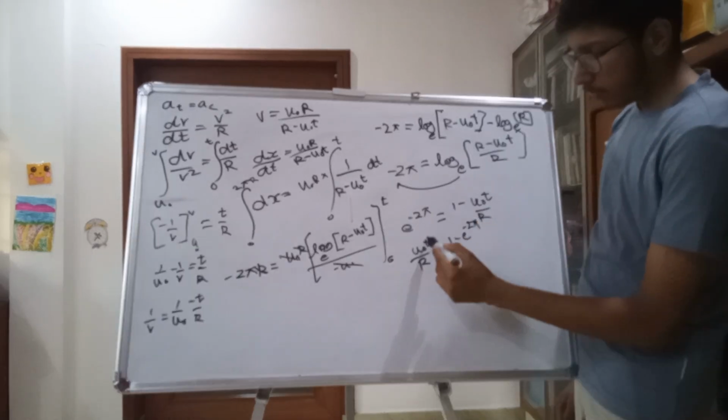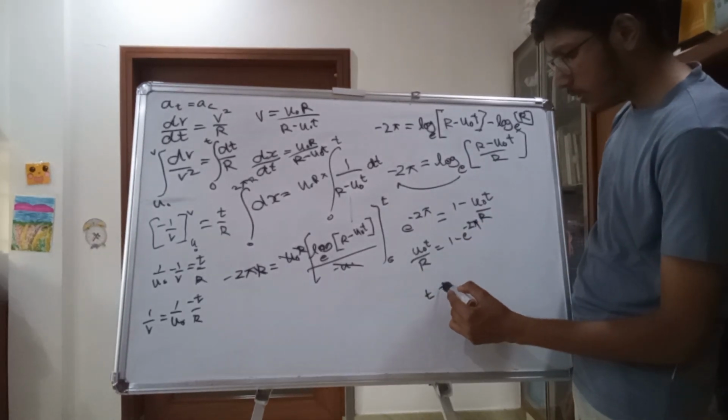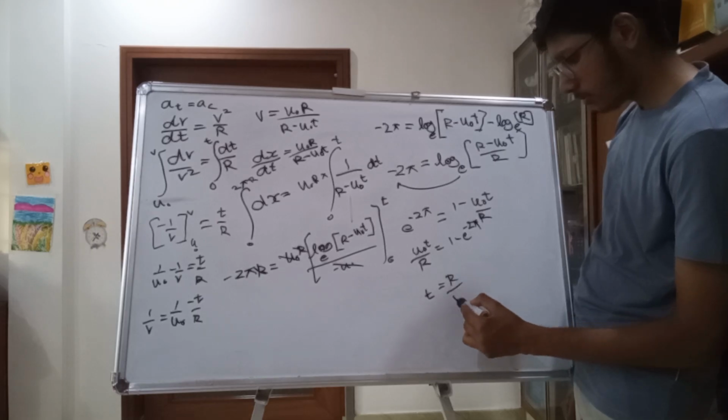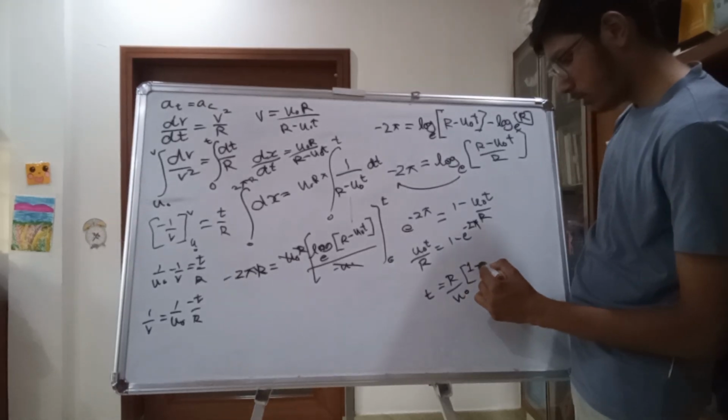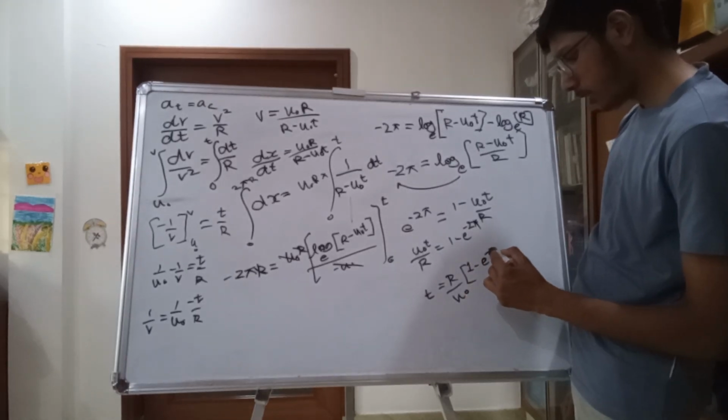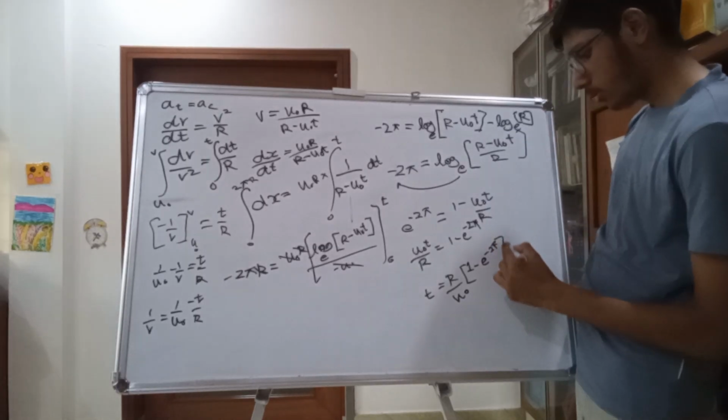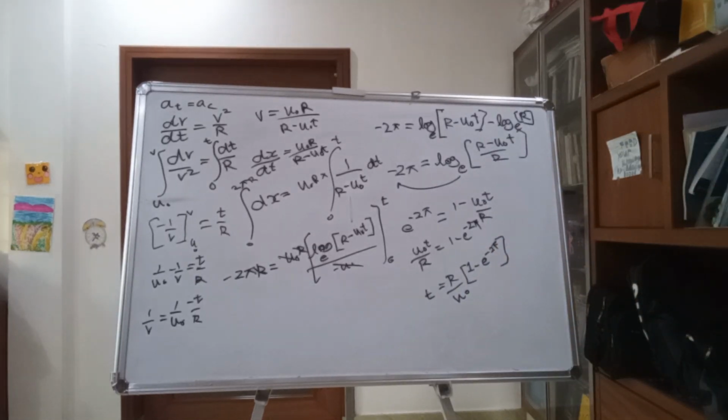If I want t, then I can write t is equal to r by u naught into 1 minus e power minus 2 pi. So this is going to be your time taken to complete one revolution.